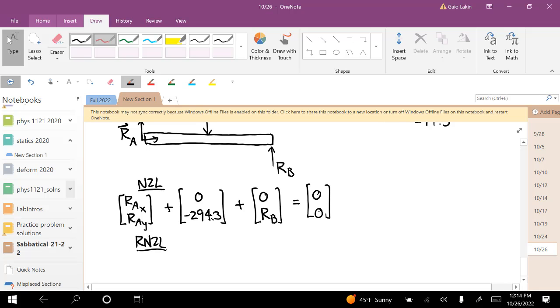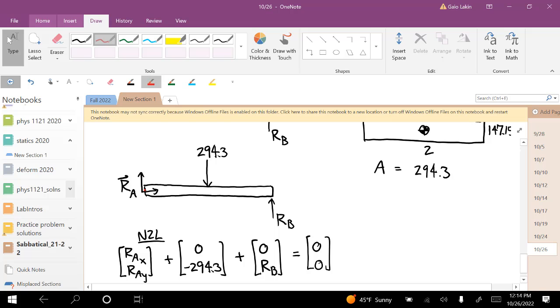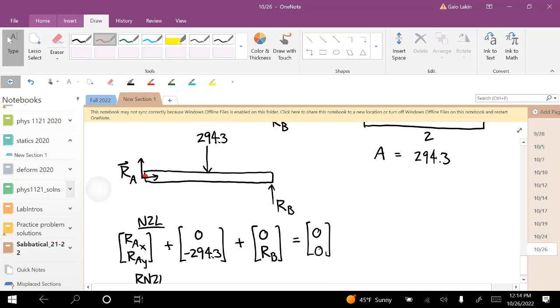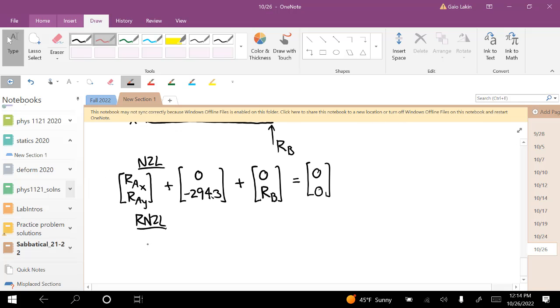And the moment equation, I'm going to use the point all the way at the left. So the 294.3, this thing has a total length of 2 meters, so there's a moment arm of 1 meter for that point force for the weight.